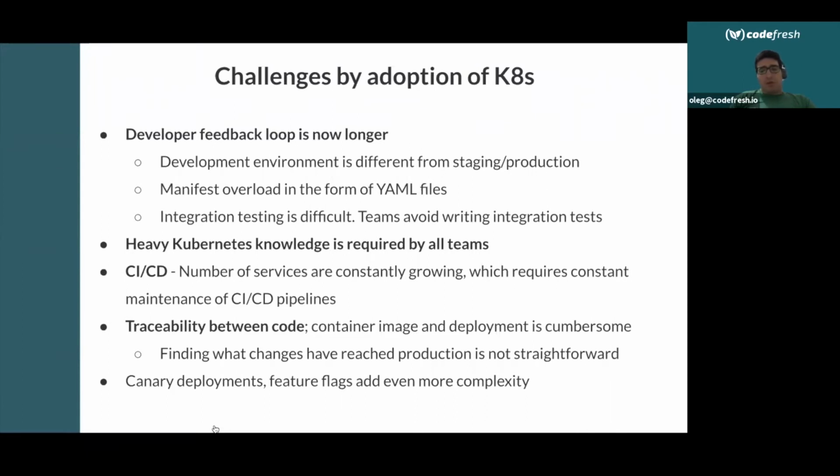Traceability between code and actual deployment artifacts. So today, when you deploy to Kubernetes, you need to package your code, usually with Docker, as a Docker image, then add to it some deployment manifests, and finally deploy to Kubernetes.